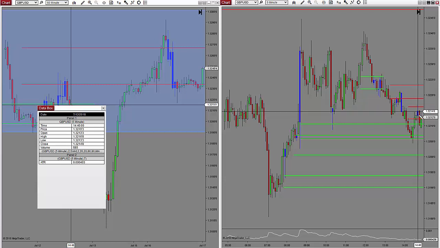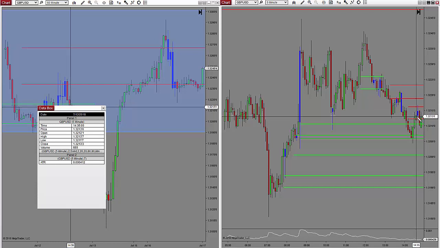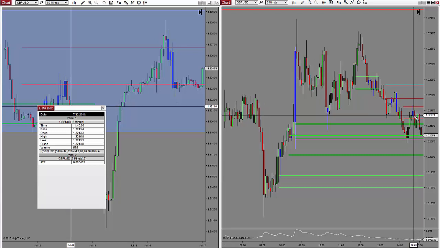Here's my entry bar. It turns blue for me. I want to enter 1 pip below the low of this bar, which would be 32.12.3. And I'm going to risk 4. So if I'm in at 32.12, I need to get down to 40.